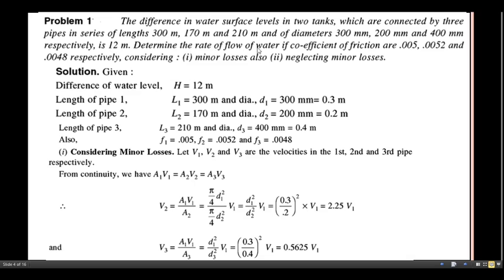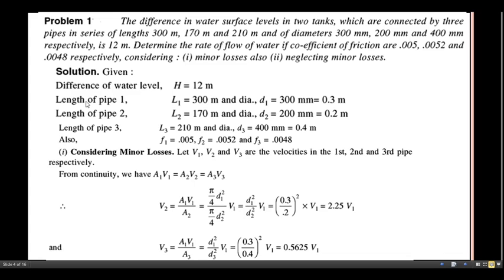Determine the rate of flow of water if coefficient of friction is 0.005, 0.0052 and 0.0048 respectively, considering minor losses, also neglecting minor losses. For that, the difference in water surface level in two tanks, the 12 meter, is given.